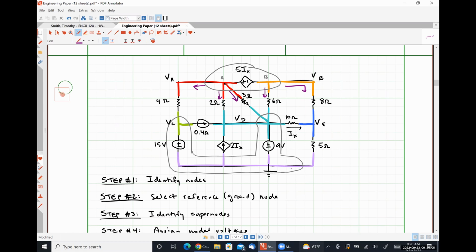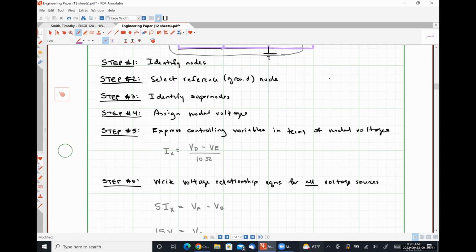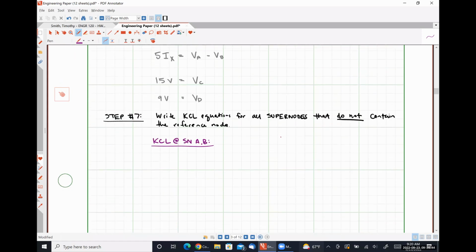Let's keep it rolling. So it's the current flowing through the 4 ohm resistor, right? So the 4 ohm resistor is between what two nodes? Okay. So you can go that far and make that substitution, or you don't have to necessarily. So I would write that right now as VA minus VC over 4 ohms. I do all my substitutions in one go at the end. Okay.